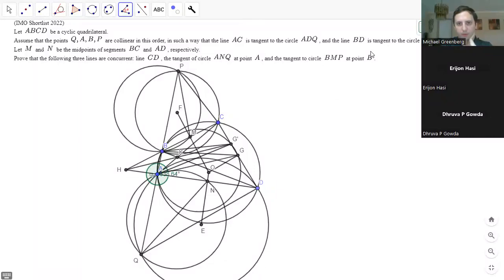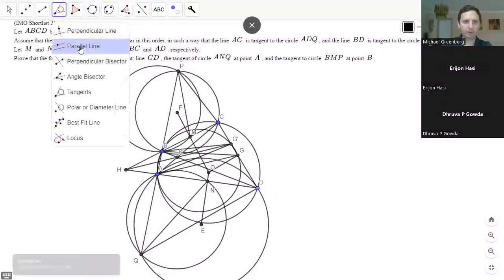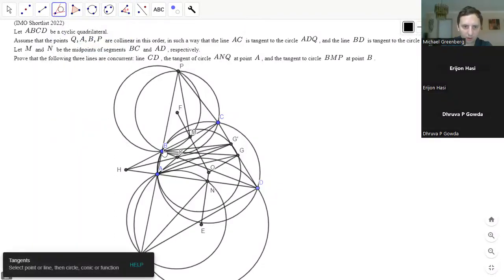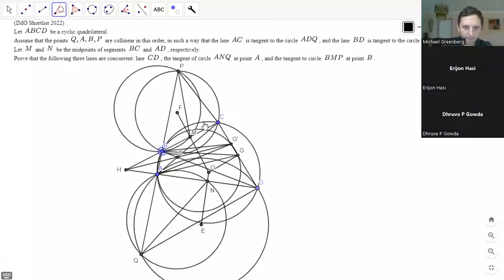I wonder if we can use harmonic quadrilaterals. So let's see. Basically, we just want to show that these two are equal. And you know HK and G prime are collinear. I think that means that the tangents at A and B would meet on HG prime, to this circle.